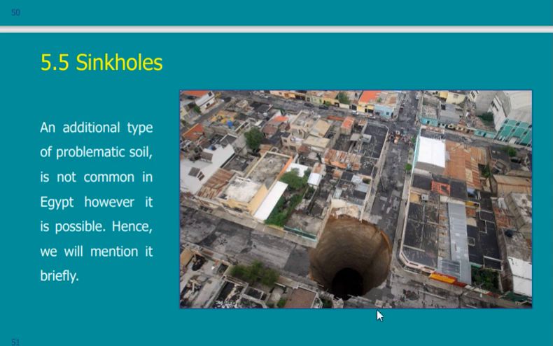Here you have a cavity that is very, very deep below here, and this surface was not strong enough. So what happened is that all of this area collapsed inside. There was a building on top of this area, and it took it inside.